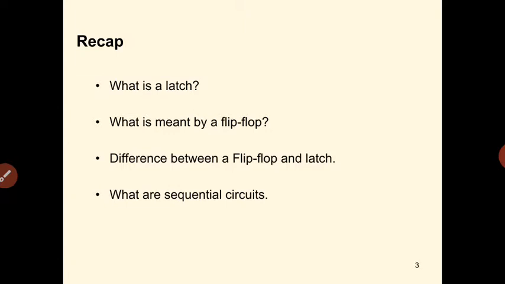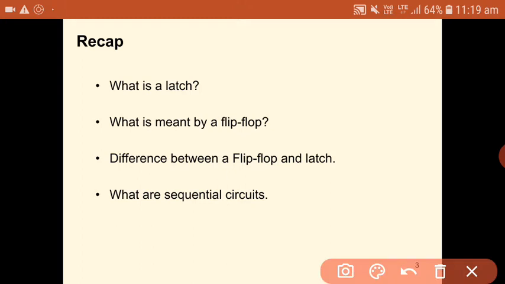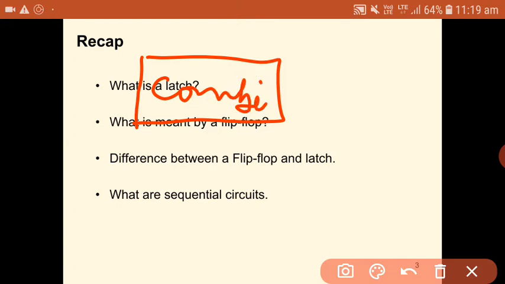What is the definition of a sequential circuit? A sequential circuit is one where the output not only depends upon the present inputs but also on previous outputs. If you observe the block diagram of a sequential circuit, it consists of a combinational logic circuit, and you have some feedback.